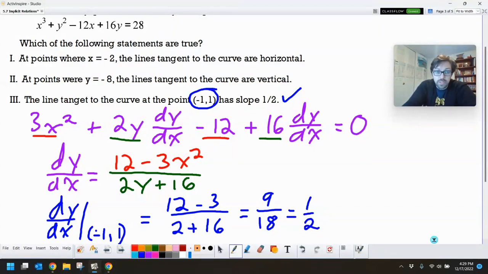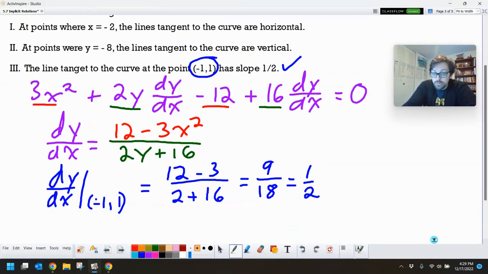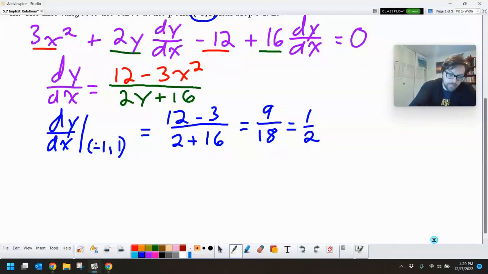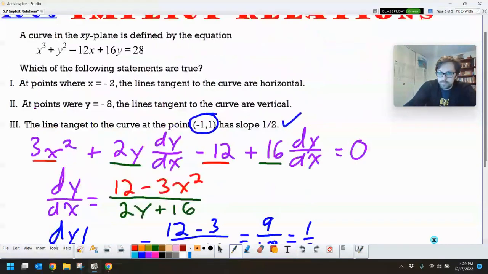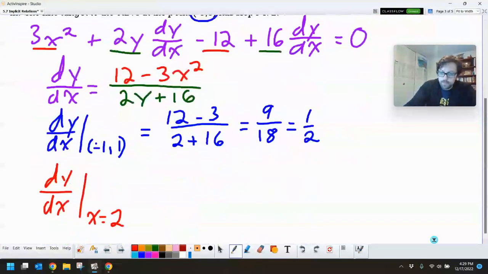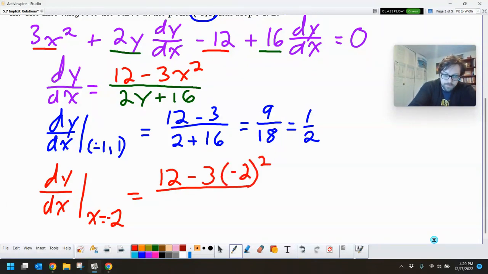The other one is when the x values equal negative 2, we have horizontal tangent lines. So let's see what's going on there. So dy over dx, when x equals negative 2, is going to equal, let's see, that is 12 minus 3 times negative 2 squared.